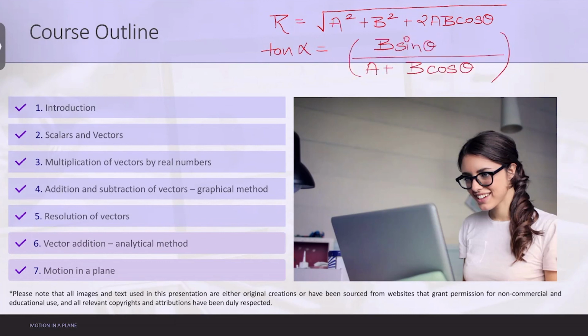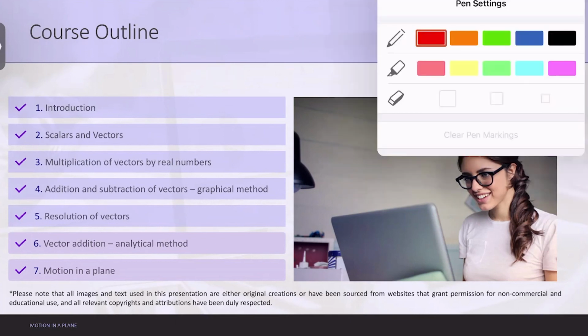That is how we derive these results, as in what the resultant vector r is, if this is a, this is b, this is theta, and this is alpha. We can obtain everything if we have the values of a, b, and theta. This is also called the law of cosines.